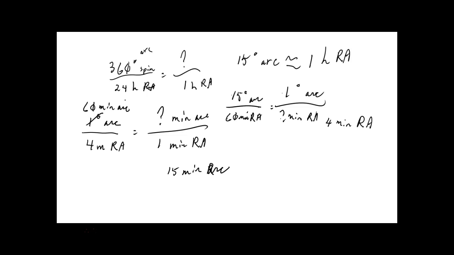But where we'll begin, now remind me where right ascension is measured from. Anyone remember that? I know it was a long time ago, like 15, 20 minutes. Where do we measure right ascension from? From the vernal equinox.